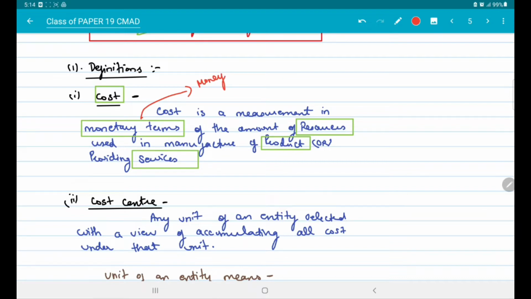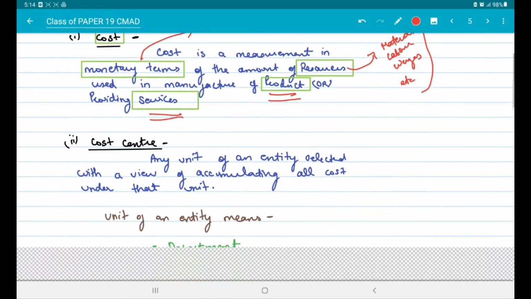So it is a measurement in money of what? Of the amount of resources used. Resources may be material, labor, wages, etc. So all the cost incurred in the manufacture of a product or providing services is a cost to the company.